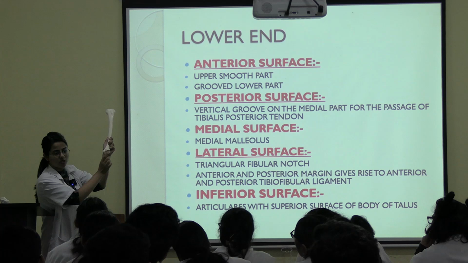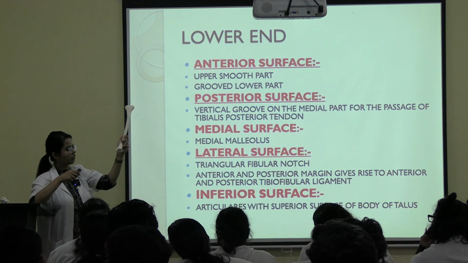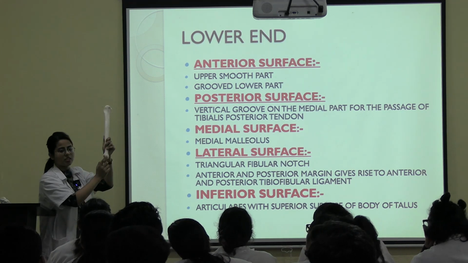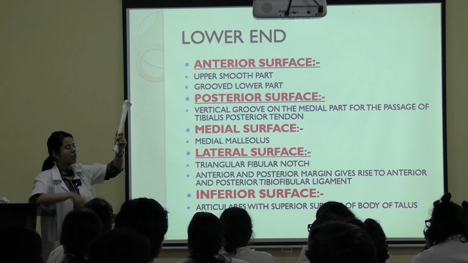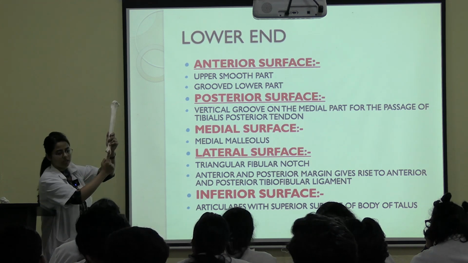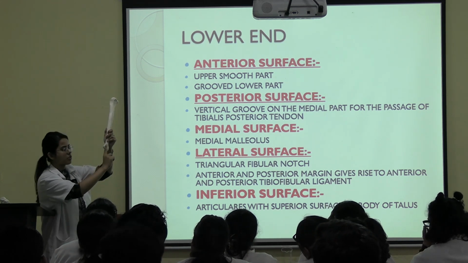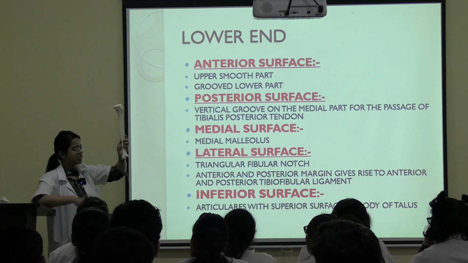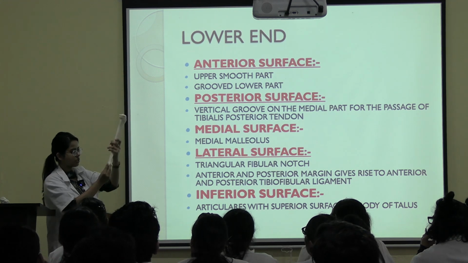So the lateral surface will have this triangular area known as the fibular notch, and this is the anterior border and posterior border. They will have the anterior tibiofibular ligament and posterior tibiofibular ligament respectively. Clear? Medially, the medial malleolus, and this is the posterior surface.